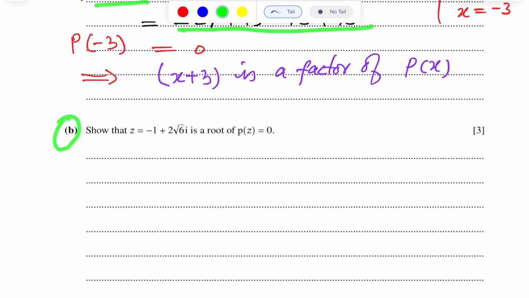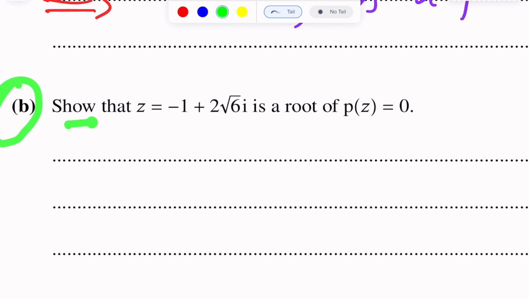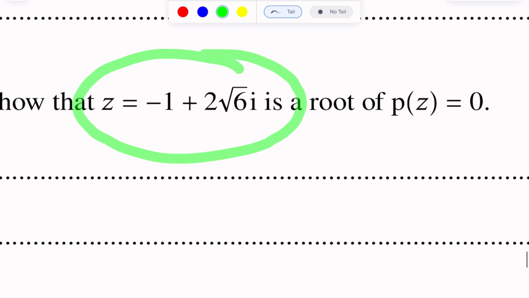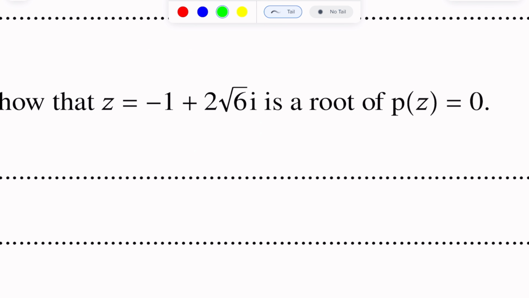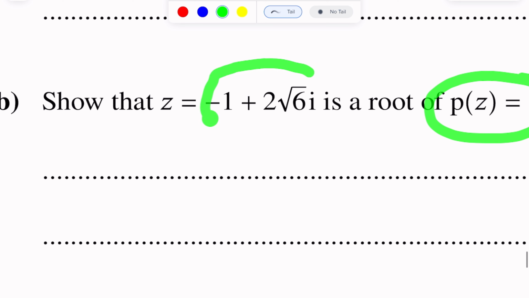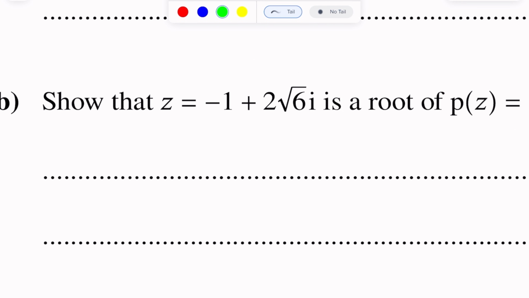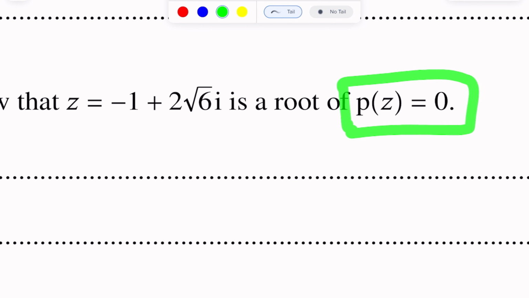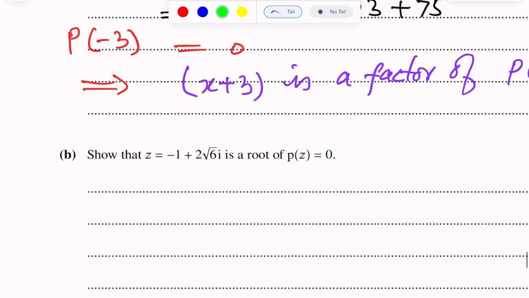Now part B of this question: show that z is equal to minus 1 plus 2 under root 6 iota is a root of p(z) equal to 0.